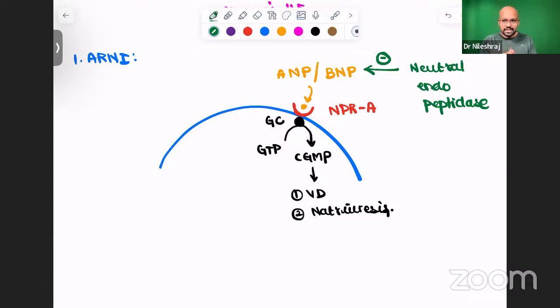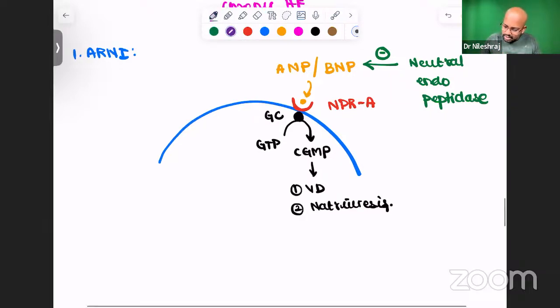What if we find a methodology to inhibit that neutral endopeptidase enzyme? If I inhibit the metabolism, ANP and BNP's half-life will increase, with continuous interaction with the receptors, producing more natriuresis and more vasodilatation. What are the drugs which we have?